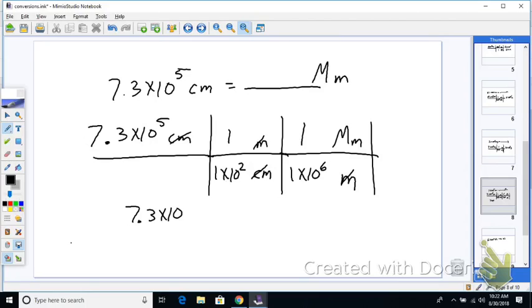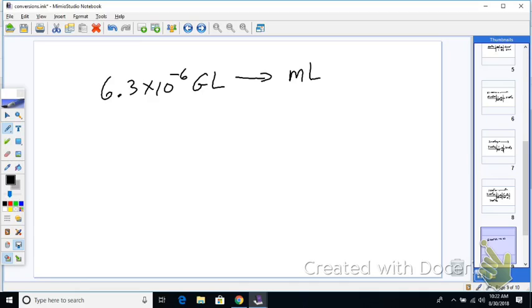So it'll be 7.3 times 10 to the minus 3 megameters. Okay? So all I've done, and I put my units in, and then I can put in my numbers wherever the unit's bigger. And if you notice, exponents are never going to be negative. So I'm going to have you do that one.